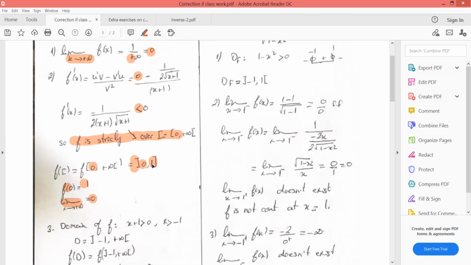Which one is the smallest? 0, then comes 1. At 0 it was closed and its result is 1, so we close it at 1. At infinity the result is 0 and it is open, so it becomes opened at 0. Okay, sir.